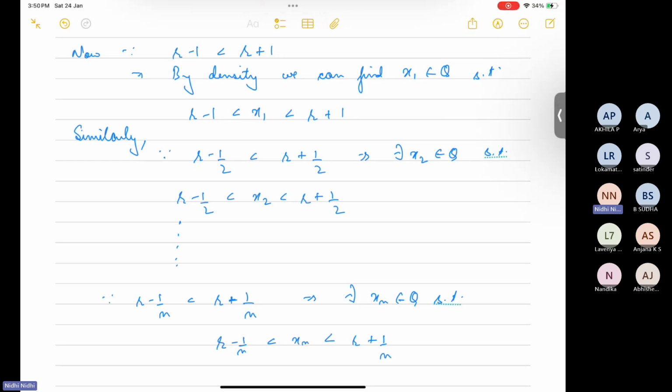Hence we got a sequence x1, x2, x3 and so on up till infinity, such that R minus 1 by n is strictly less than xn, which is strictly less than R plus 1 by n.